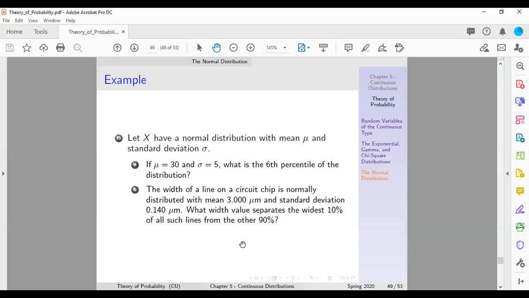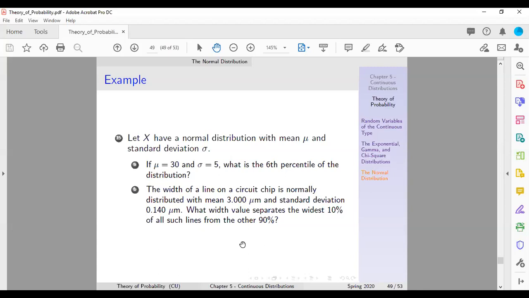Okay, in this particular problem, we have a mean of 3 and a standard deviation of 0.140. And what are we being asked for? Our random variable is the width of things in this problem. I want to figure out what is the width at which I'm starting to encounter the top 10% of the data.